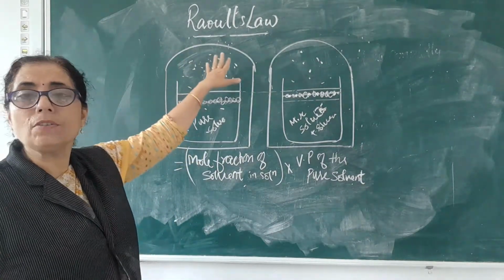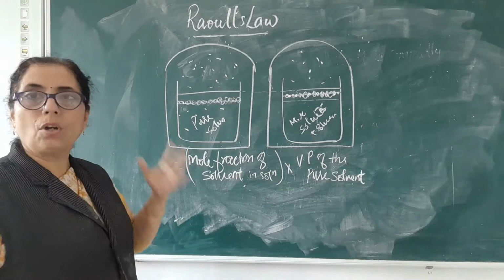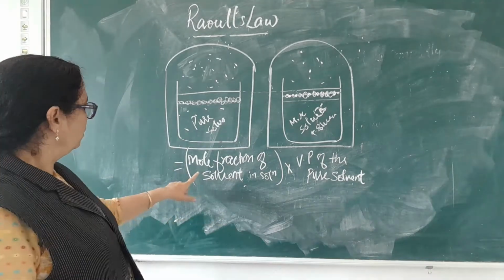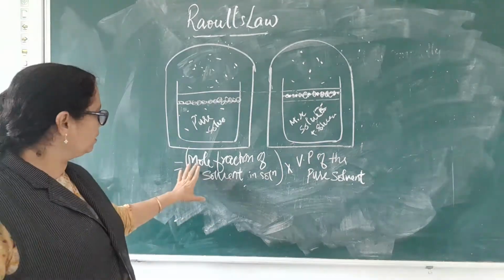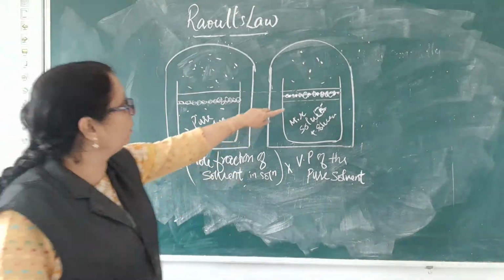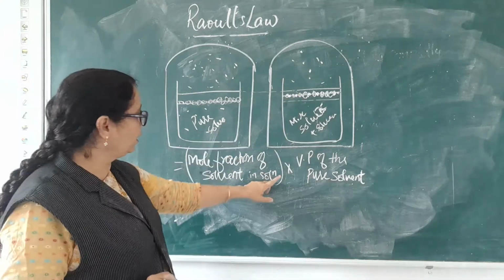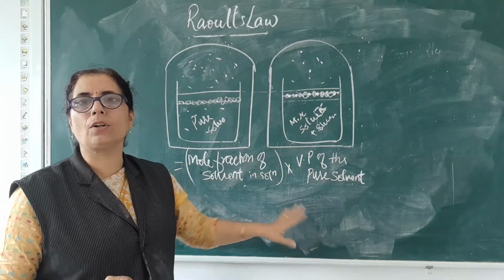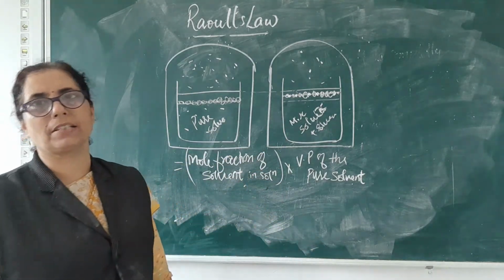According to Raoult's law, for a solution in which a non-volatile substance is present, the total vapor pressure depends upon the mole fraction of the solvent only, multiplied by the vapor pressure exerted by the pure solvent.